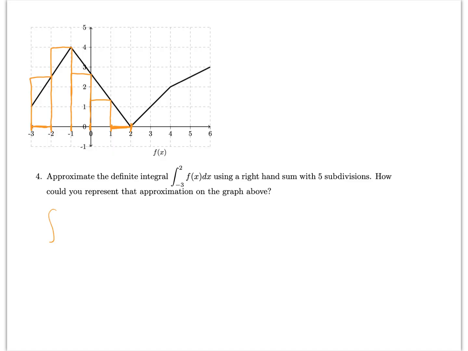So my integral from -3 to 2 of f of x dx, this time we're approximating it with a right-hand sum, 5 subdivisions, and I'm just going to add up the areas of these rectangles. First rectangle, base of 1, height of 2.5.